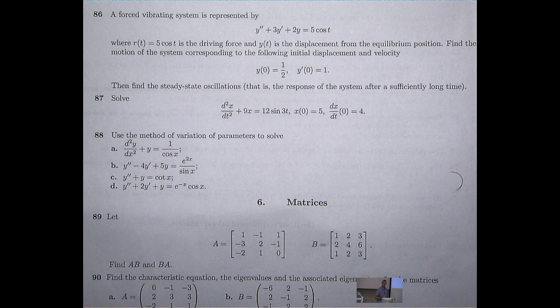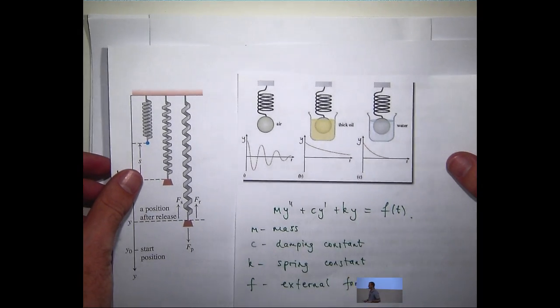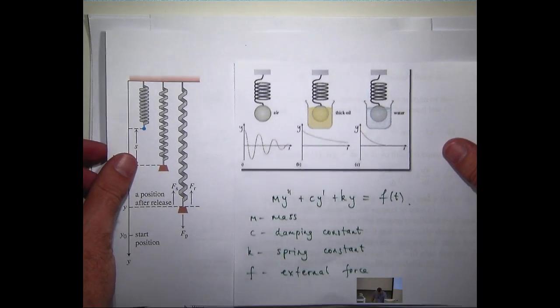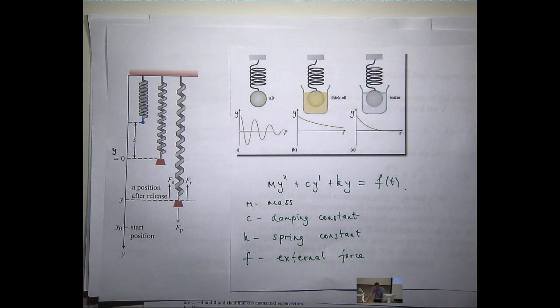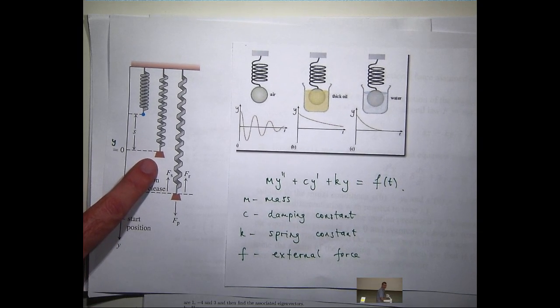So, just to put this into context a little bit more, I've created a little picture. Here, think on the left-hand side, you've got a spring that hangs down under gravity. You attach some sort of mass to it, and it hangs down a little bit more.